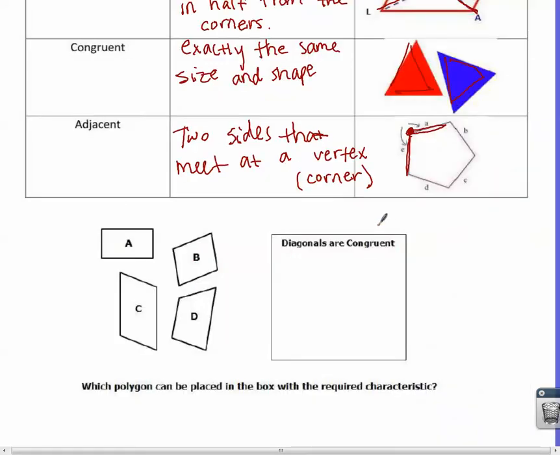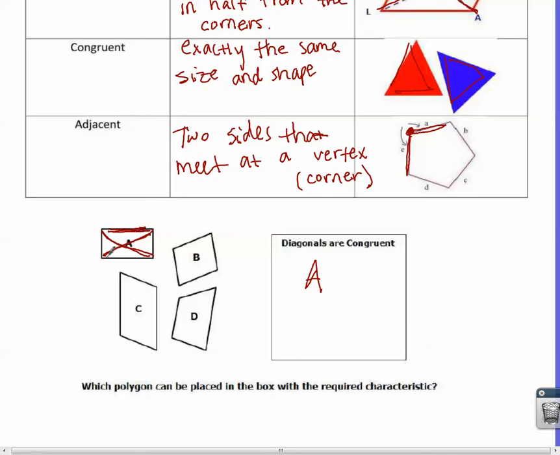In the example below, it wants you to state which diagonals are congruent. Remember, a diagonal is a line that divides the shape into equal parts. So if I draw two diagonals in A, are these congruent? Are they the same size? Yes, they are. And you know this because these sides are the same length.